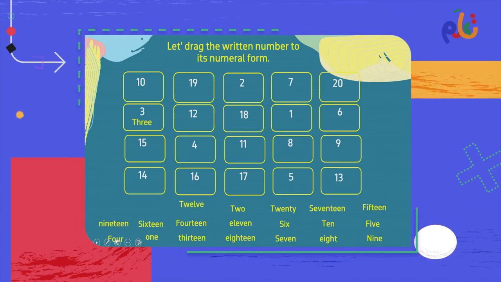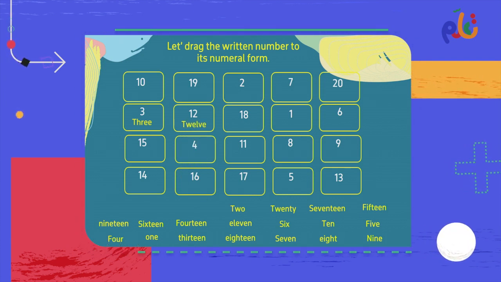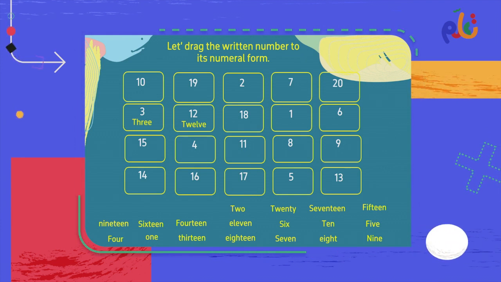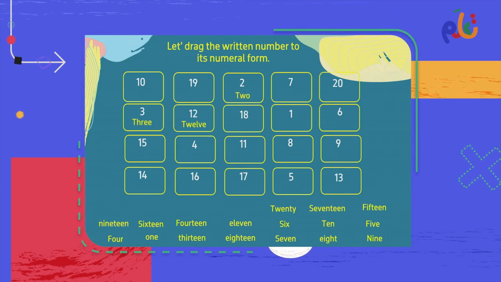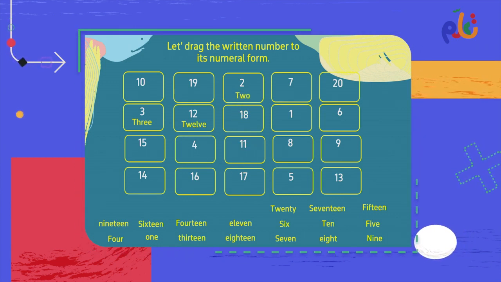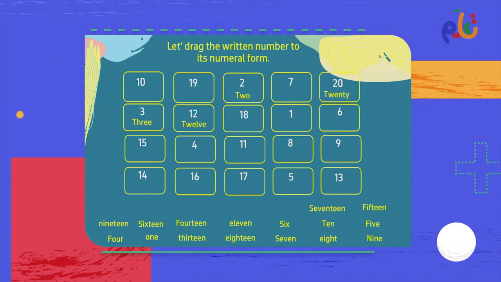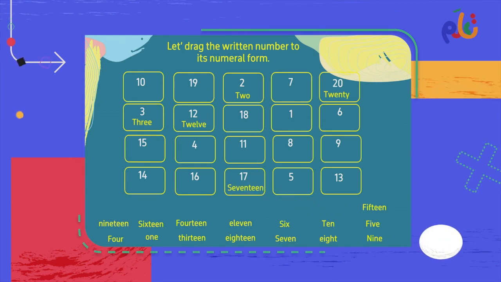Okay, the following number is 12. 12. 2. Who could find 2 for me in this big puzzle? Perfect. It's all the way in the top. 2. The following one is 20. 20. 17. I can't find it anywhere.